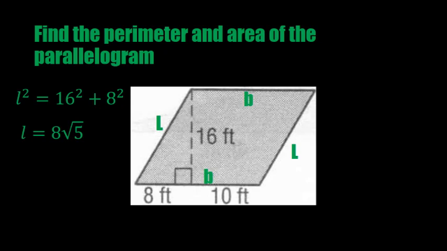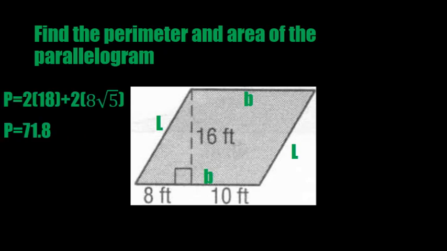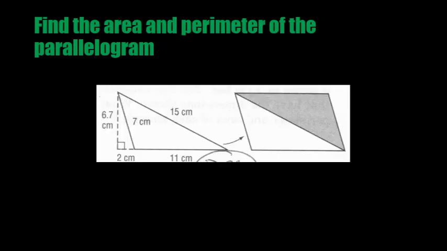So 320 is equal to x squared, and then you take the square root of that, which is 8 square root of 5. So we know that this is 8 square root 5, and since these sides are equal to each other, this is also 8 square root 5. And you can find the perimeter using that, so this is also 18. So it's 36 plus 16 square root 5, which on the calculator is 71.8.